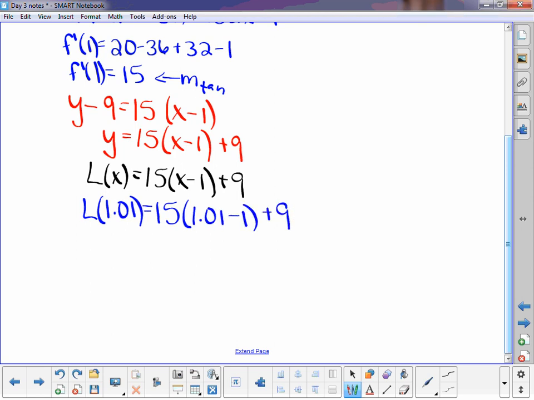Again, it's to our advantage to not simplify before, so we can see now. So we get 0.01 there. What's 15 times 0.01? We have 0.15. So 15 times 1 is just 15. Decimal move 2 places, so 0.15. Plus 9.